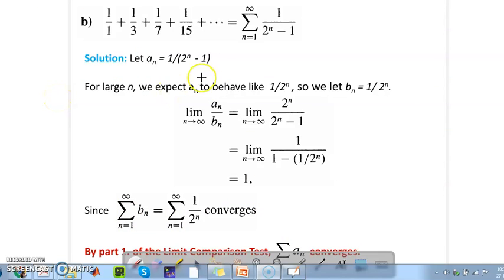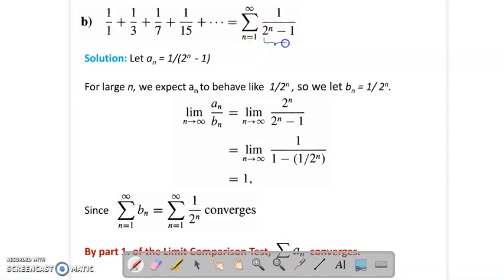See next example. Summation n going from 1 to infinity 1 upon 2 to the power n minus 1. So this is the nth term of the series, and we see for larger values of n, this minus 1 is not going to contribute, and the nth term an behaves like 1 upon 2 to the power n.